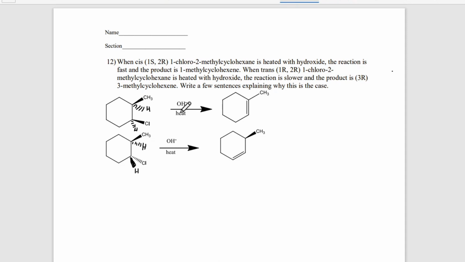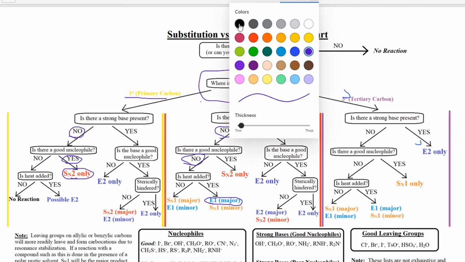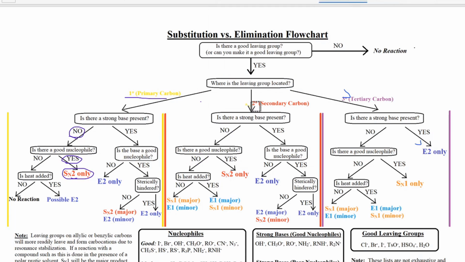Well, in this case, the first thing to look at is, okay, the leaving group is secondary, right? So it's secondary. And then, is there a strong base present? Yes. So I'm just going to erase all my junk. So it is a secondary leaving group. A strong base is present.